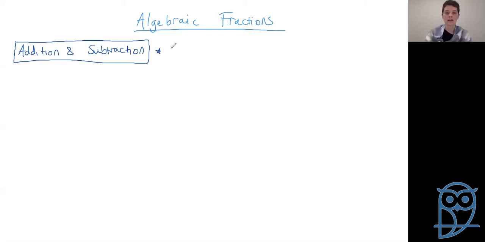So we must have a common denominator. For example, if we had x over 2 plus 3 over a, we would have to make a common denominator.